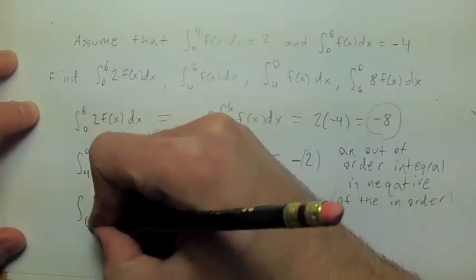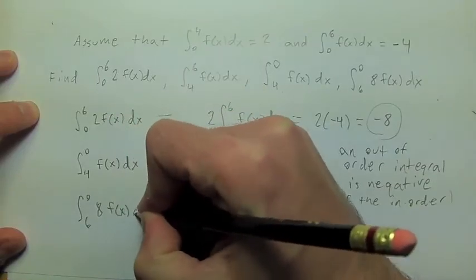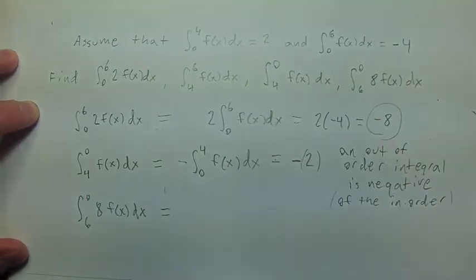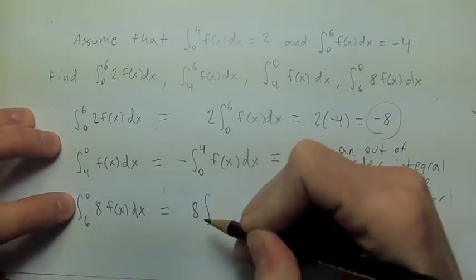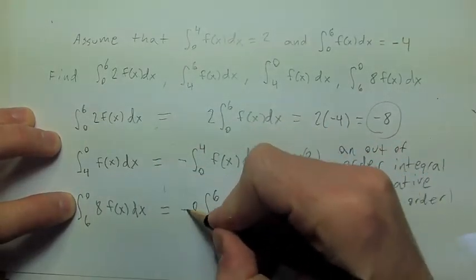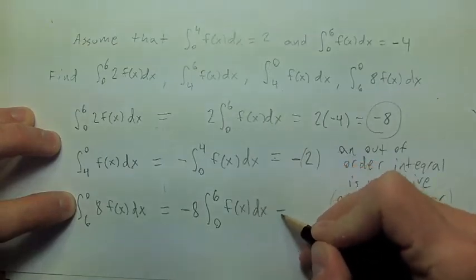So when we do 6 to 0 of 8 times f of x dx, we're going to use two rules. We're going to take the 8 out, and then when we flip it from 0 to 6, we're going to negate it, to get f of x dx.